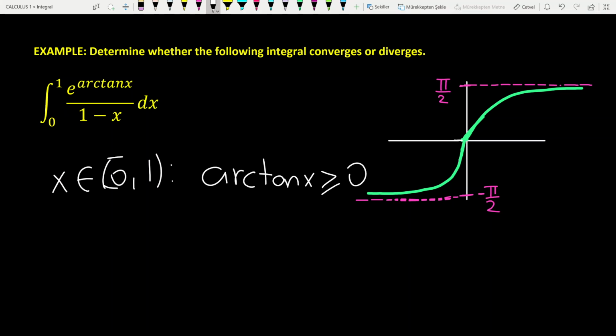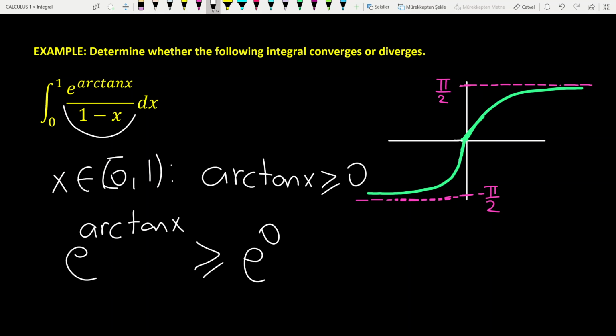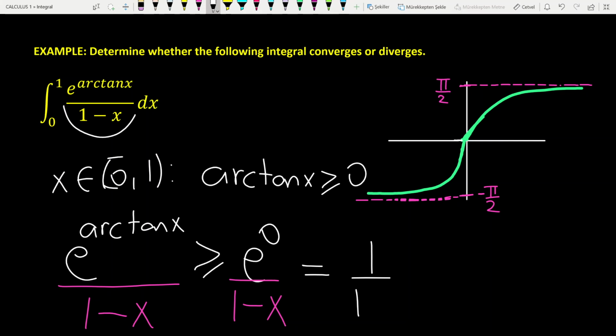So this is why we have this inequality, e to the power arctangent x, which creates the integrand of the question, is greater than or equal to e to the power 0. By this step, if you divide each term by 1 minus x, you have this inequality. And we know that e to the power 0 is equal to 1. So this is equal to 1 over 1 minus x, right?